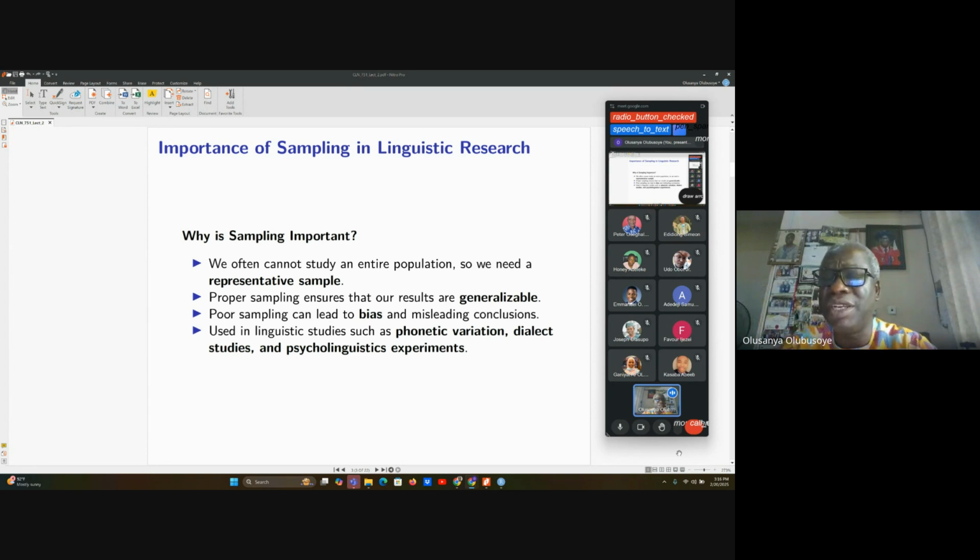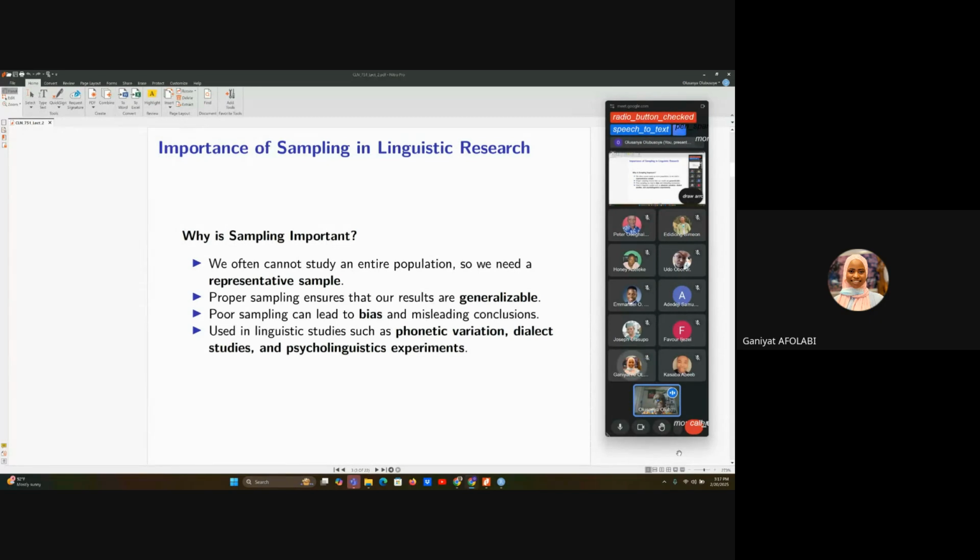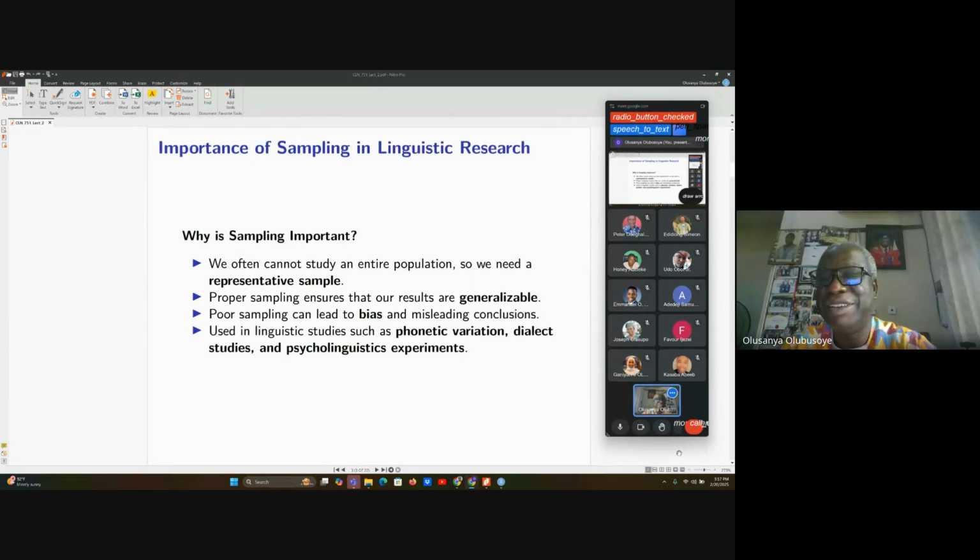Is it possible, Ganiat? Ganiat is not in the class. No, sir. Why is it not possible? If you are carrying out linguistic research about the Yorubas, why is it difficult to reach all of them?